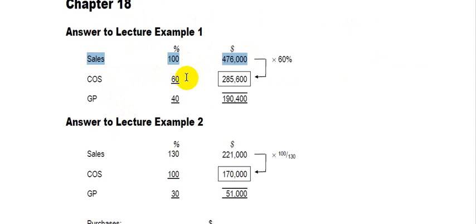We've said the cost of sales is 60%, so you bring your 60% there. So if 100% is equal to 476,000, what is 60%? You cross multiply: 60 times 476,000 divided by 100 gives us the cost of sales as 285,600.